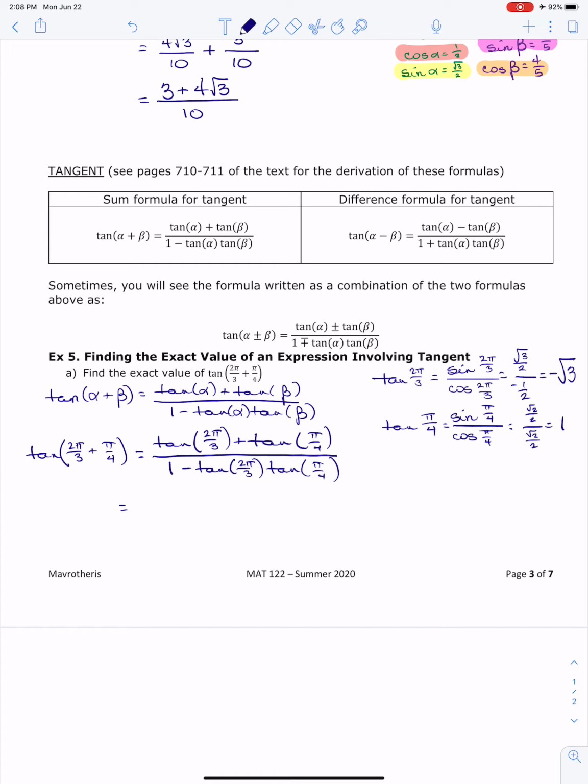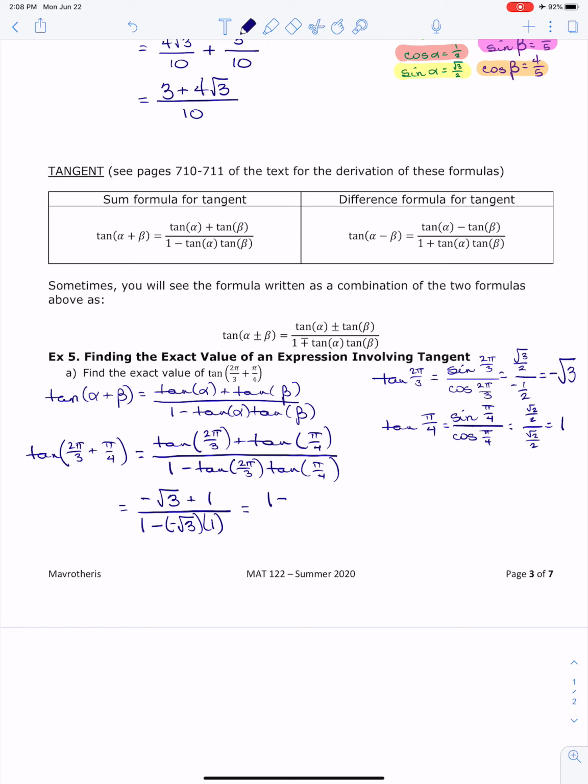Excuse me. Tangent of 2 pi over 3 we said was negative square root of 3. Tangent of pi over 4 is 1. I get 1 minus the tangent of 2 pi over 3, which is still negative square root of 3, times the tangent of pi over 4, which is still 1.